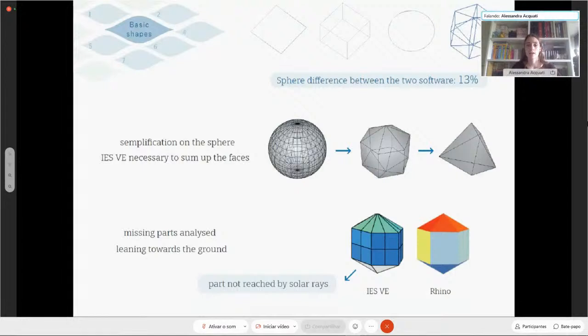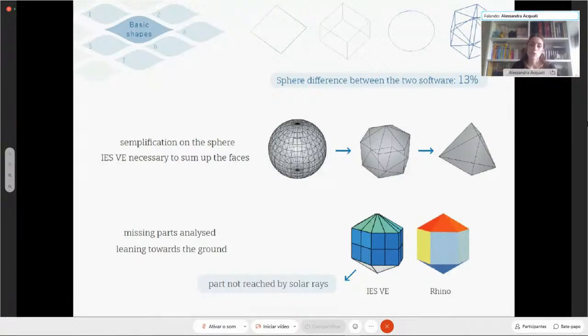This difference is due to the big limitation that ISV has when drawing a dome, a curve geometry, or a sphere. In fact, in this case, in ISV, to evaluate the results it was necessary to sum up phase by phase. For this reason, it was necessary to simplify the shape of the sphere, and this was done also on Rhino to compare them.